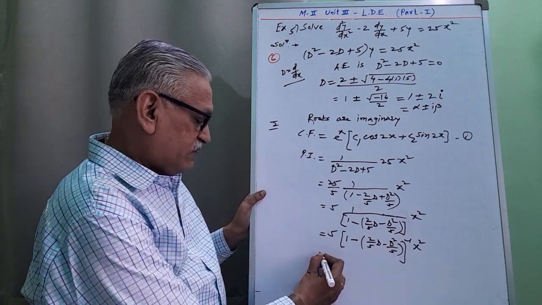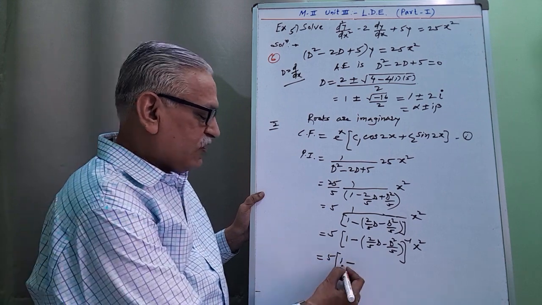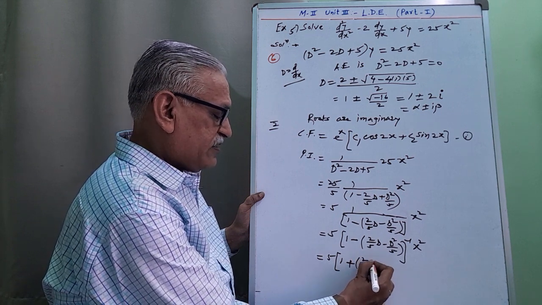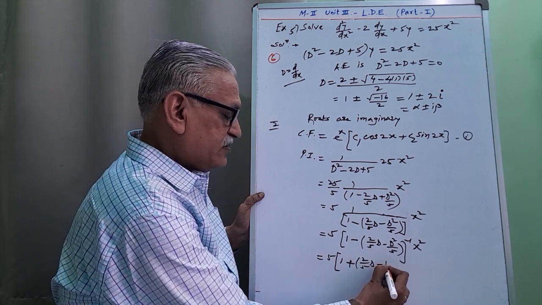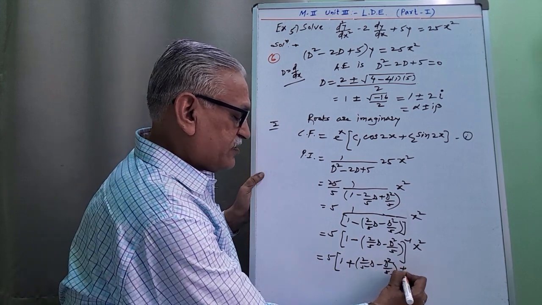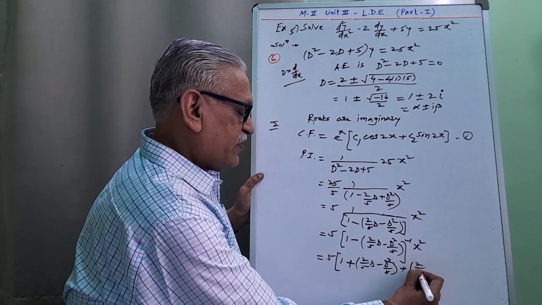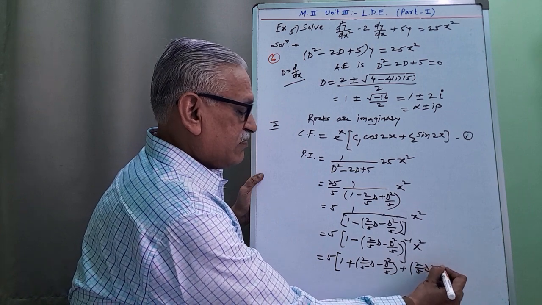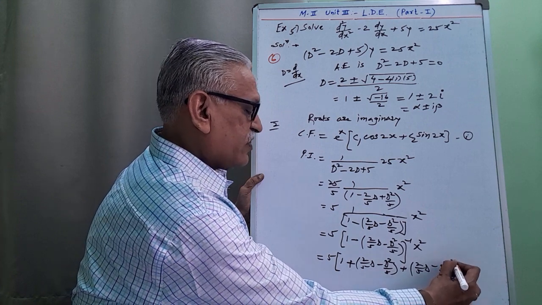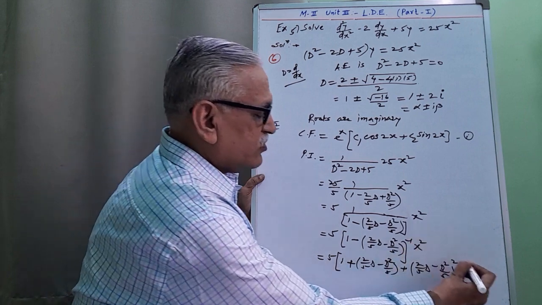Therefore, expanding we get 5 times 1 minus 1 plus x. x is here 2 by 5d minus d square by 5. Then square of it, 2 by 5d minus d square by 5 and its square and so on, which we have to operate on x square.